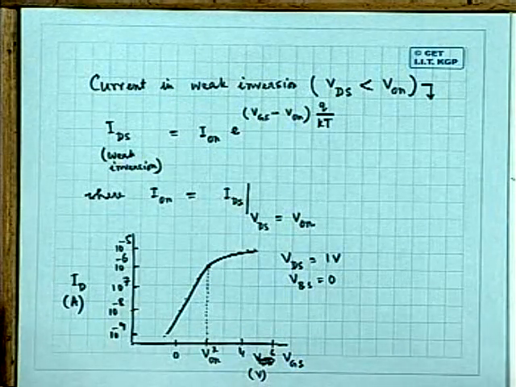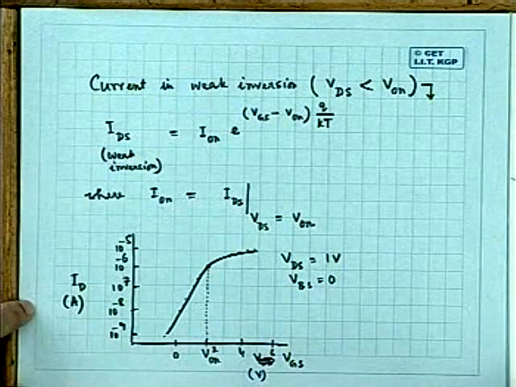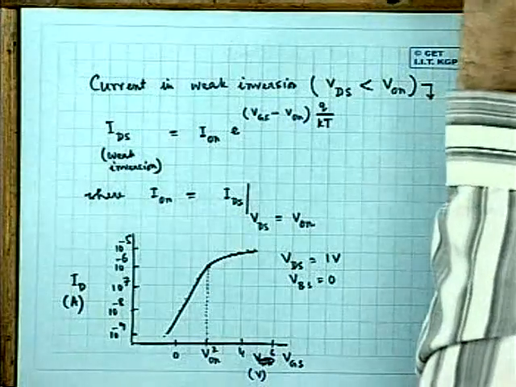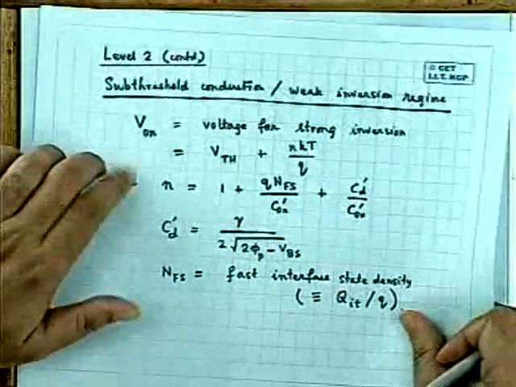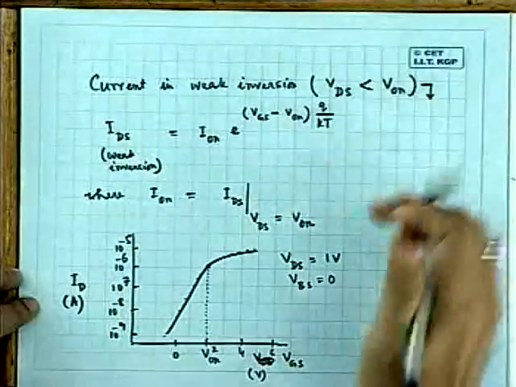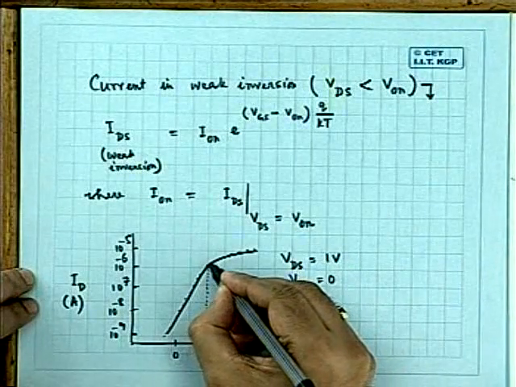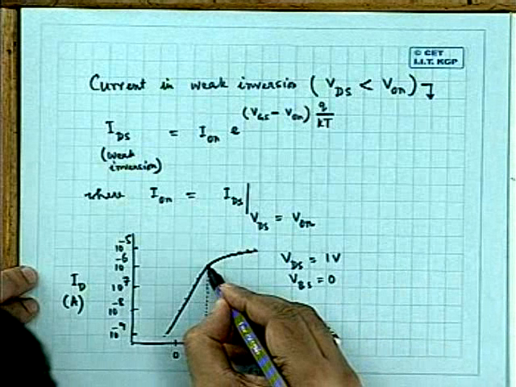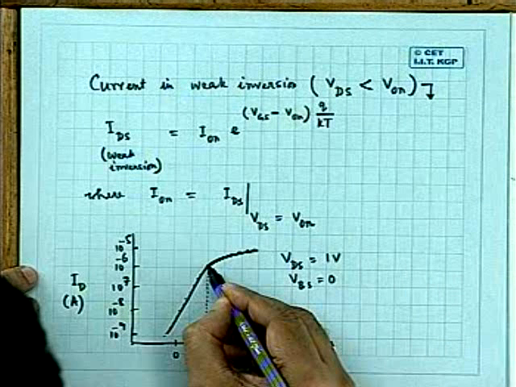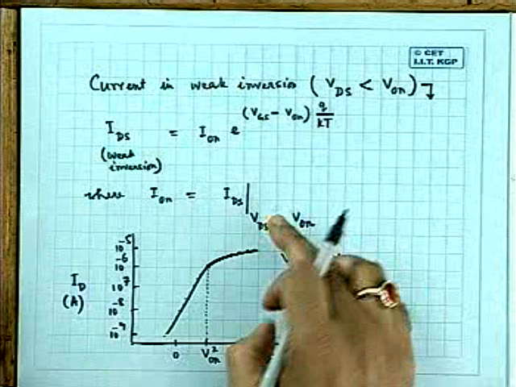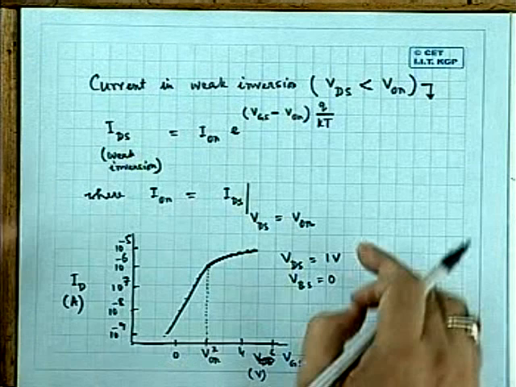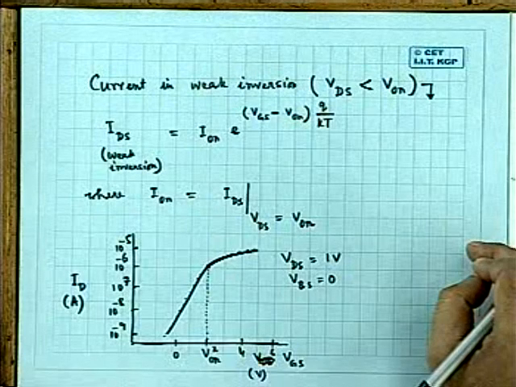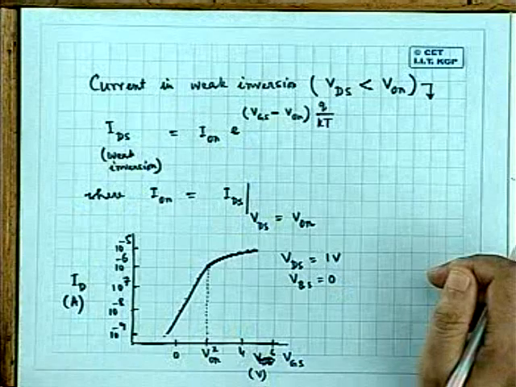Say VON, as calculated from this equation, may be 2 volt. So the portion of the curve above VON may look like this, whereas the portion below VON will be more or less a straight line in the semi-log graph, because it is an exponential equation, logarithmic. Okay.